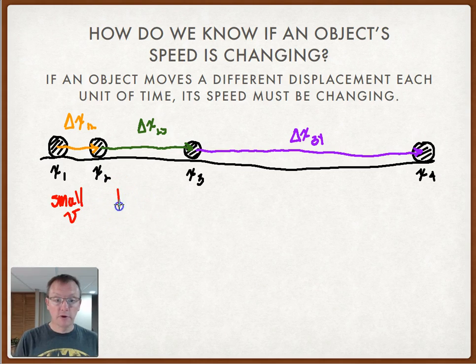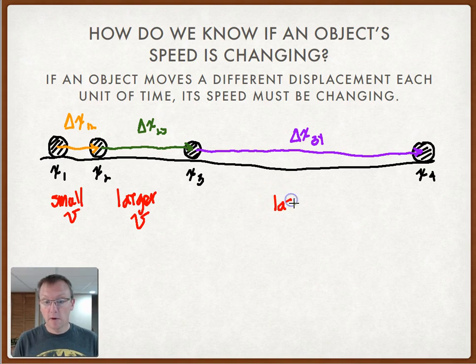This has a larger speed. And my pen is goofy again. And then this is the largest speed. Sometimes it helps just to draw very slow. There we go. Largest speed. So you can see that the speed starts off small and becomes larger and larger and larger.